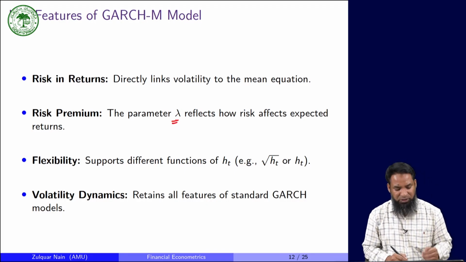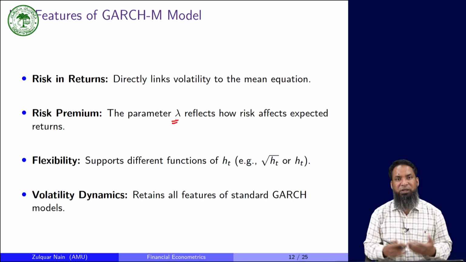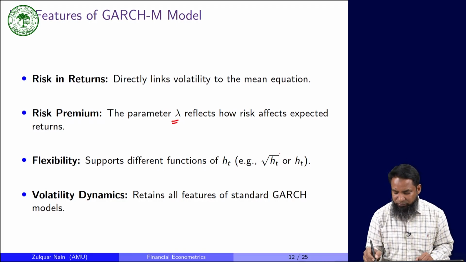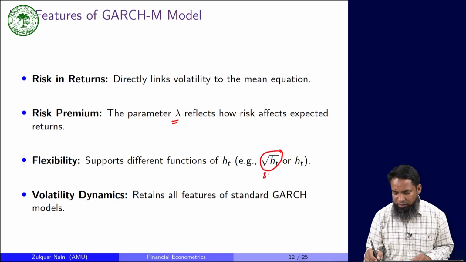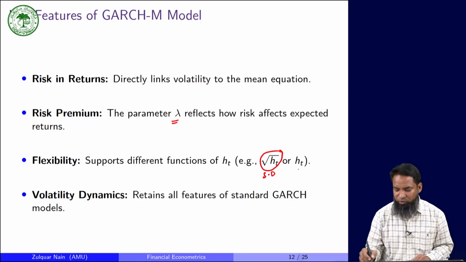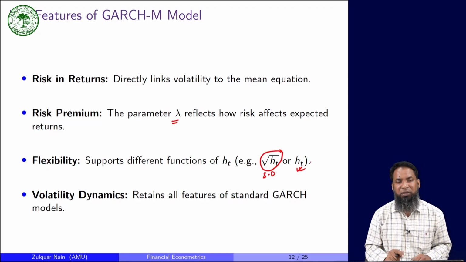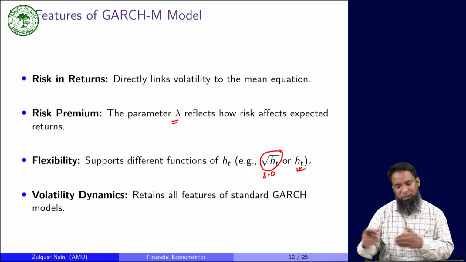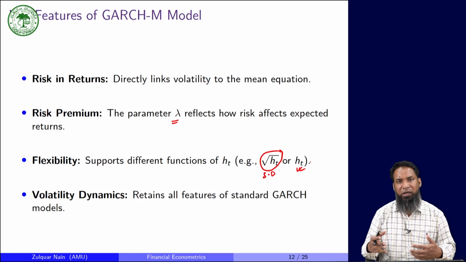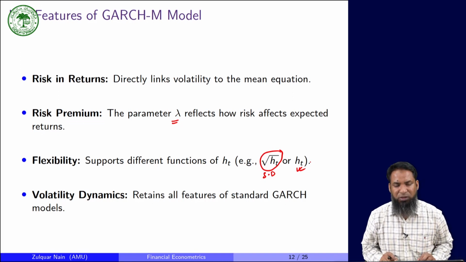Another key feature is that it is flexible and supports different functions of the conditional variance in the mean. We could have the square root of h_t, that is the standard deviation rather than the variance, or we could have h_t, that is the variance. Another feature is that it brings in all the volatility dynamics that we are able to capture through the GARCH model.